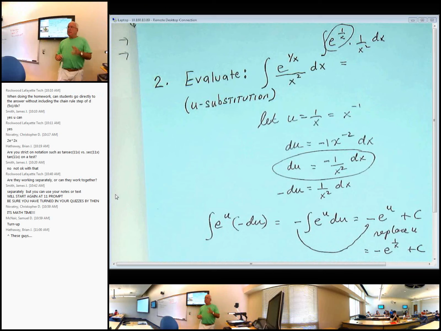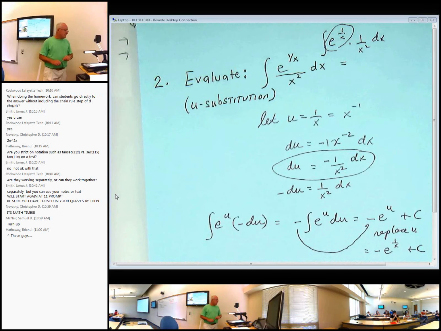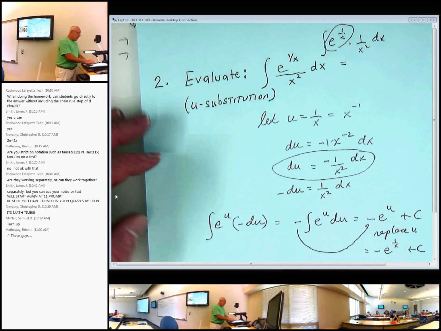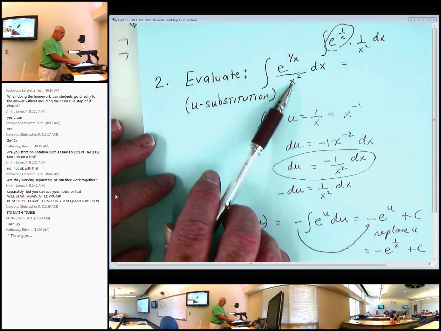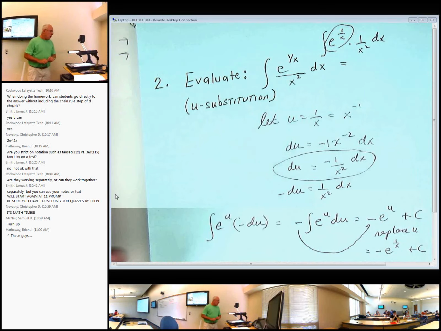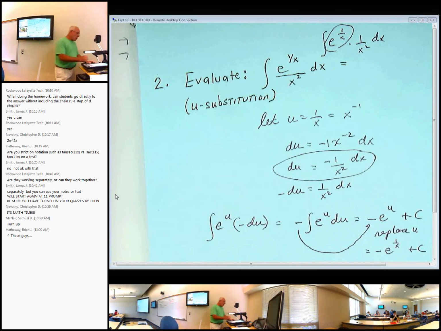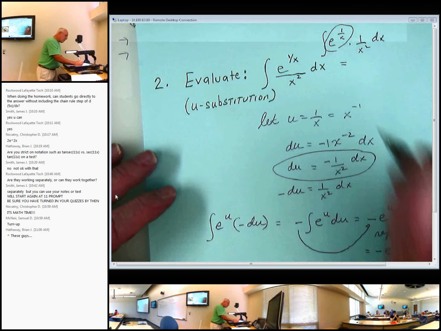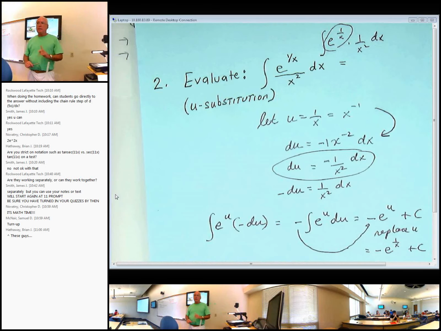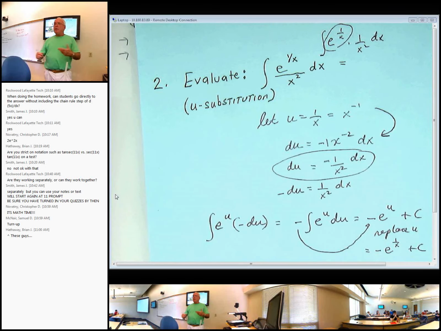Now, what I've seen on some papers is some taking the antiderivative of the 1 over x squared. I think I saw that maybe a couple of times. I saw some not doing the derivative correctly of 1 over x. We have to get that x out of the denominator to properly evaluate it.